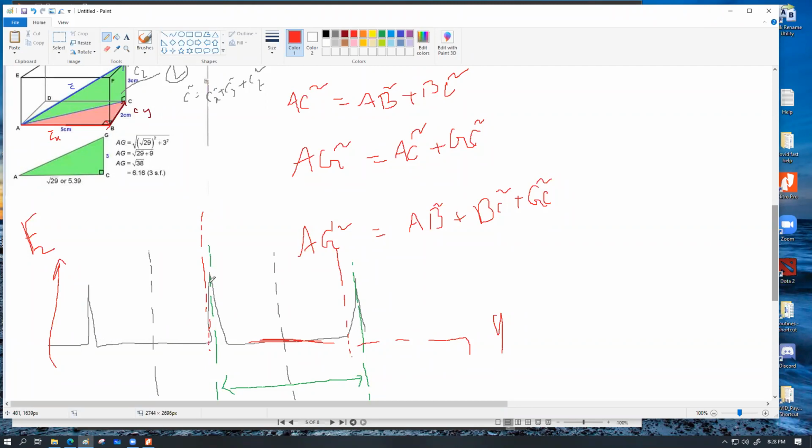If you're trying to figure out how much time is related to one collision, it's between two peaks. Between two peaks. That's basically what we found out.